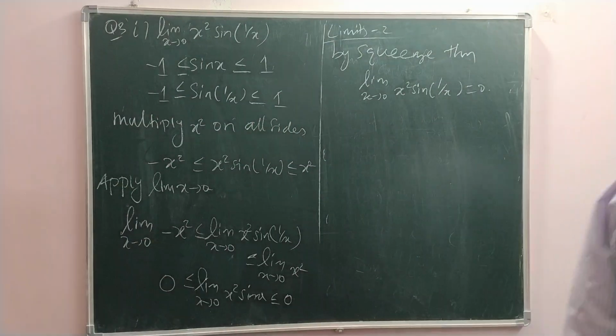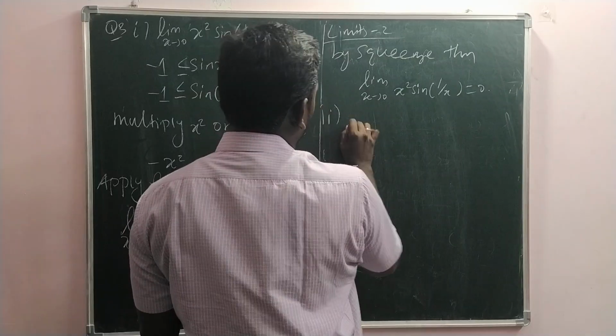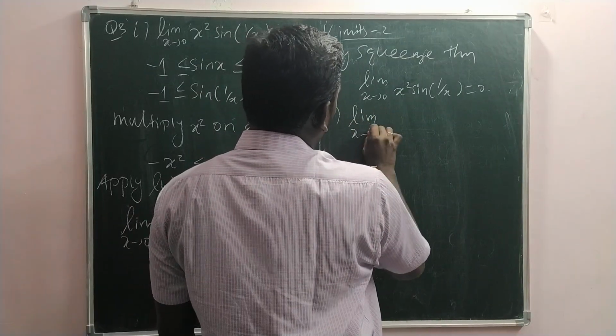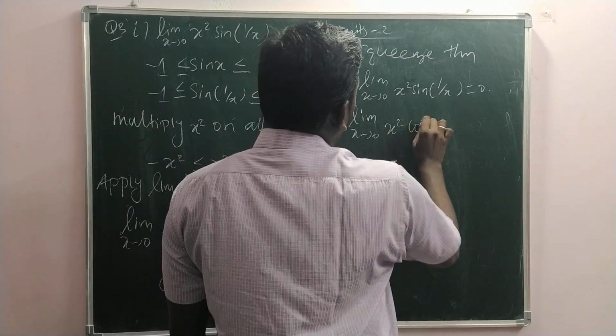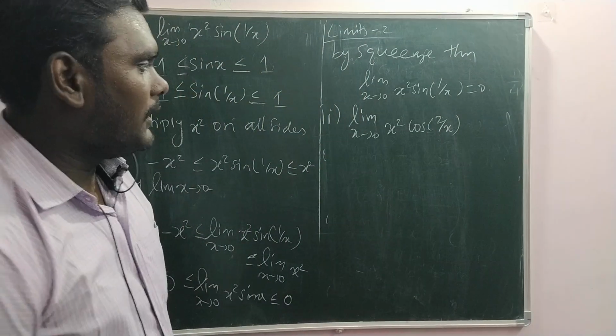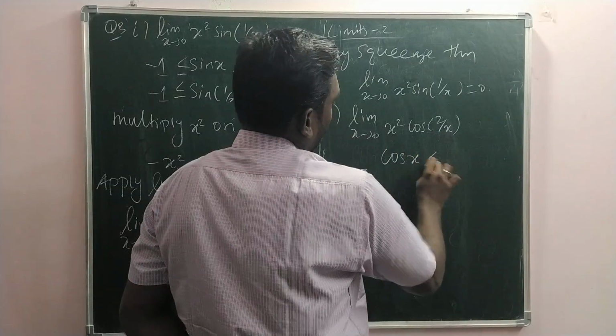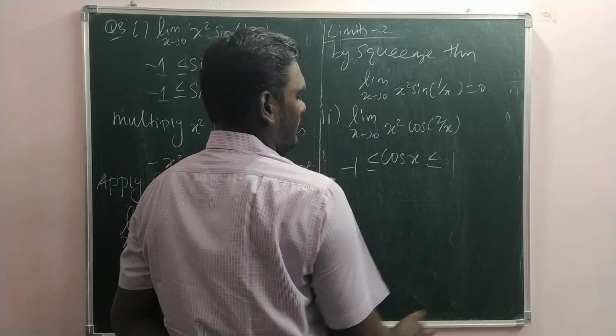Now the same way, x square cos 2 by x. Limit x tends to 0, x square cos of 2 by x. What is the range of cos, you know? Minus 1 to plus 1.